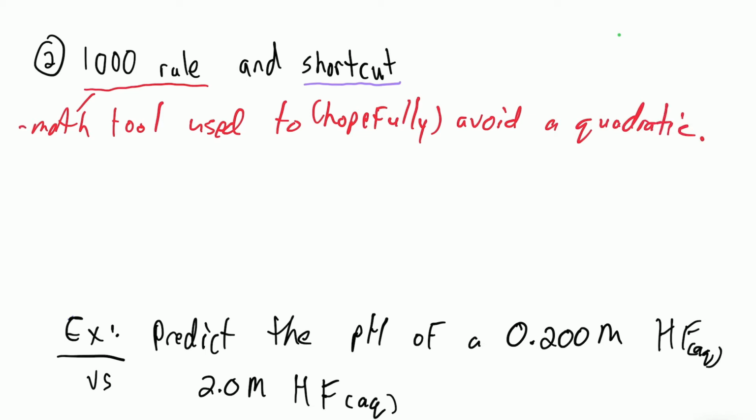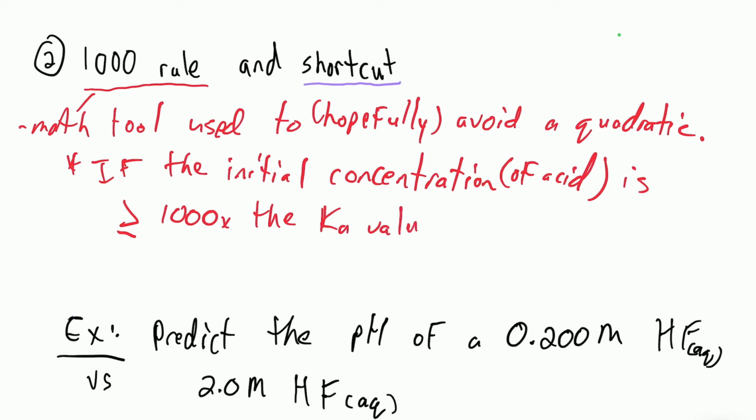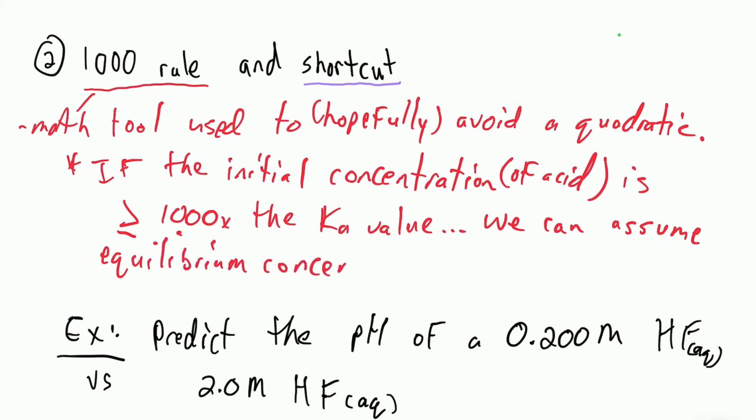It's called the 1000 rule because if the initial concentration of the substance, so usually in this case, if it's a Ka, it'll be of the acid, is greater than or equal to 1000 times the Ka value, we can assume that the equilibrium concentration is equal to the initial concentration.